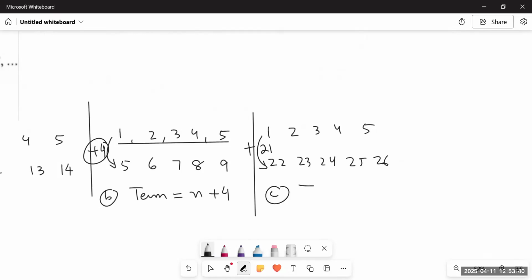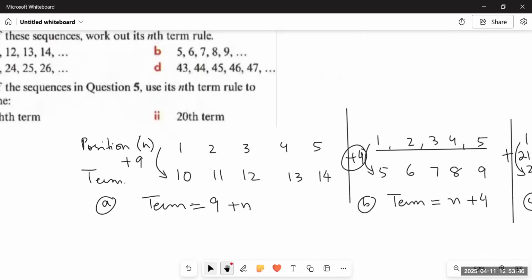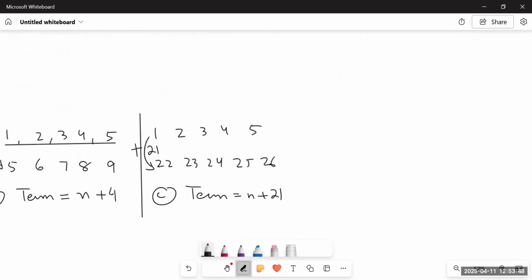So the term would be n plus 21. And for the last one, it is 43, 44, 45. Again, the term numbers 1, 2, 3, 4, 5 give 43, 44, 45, 46, 47.